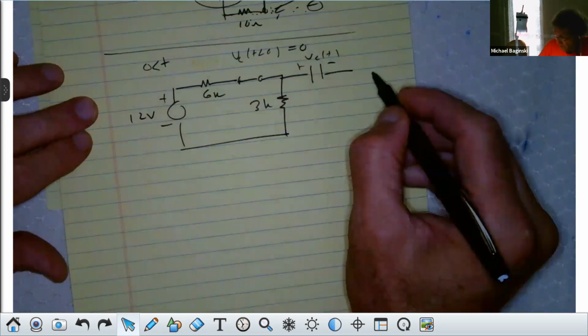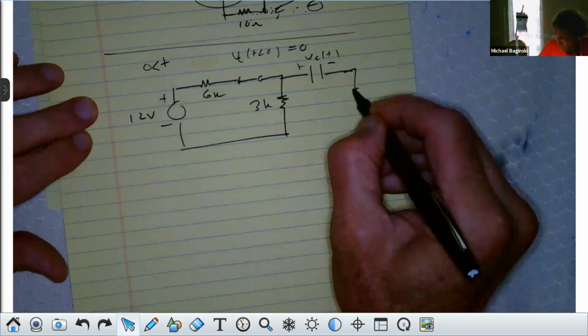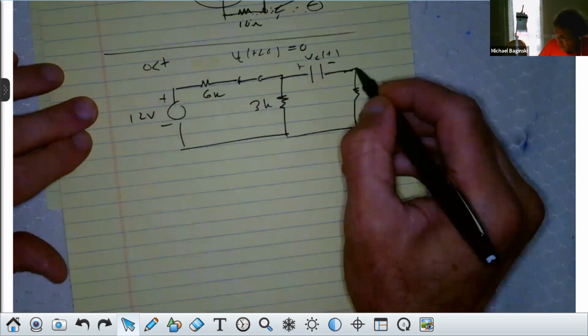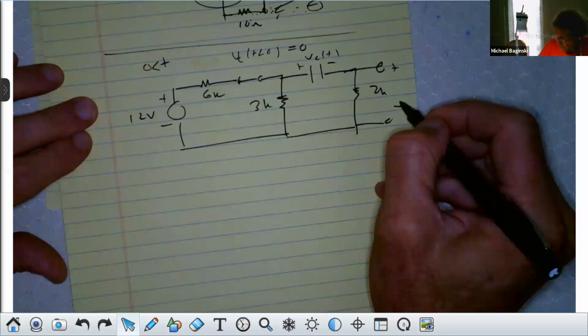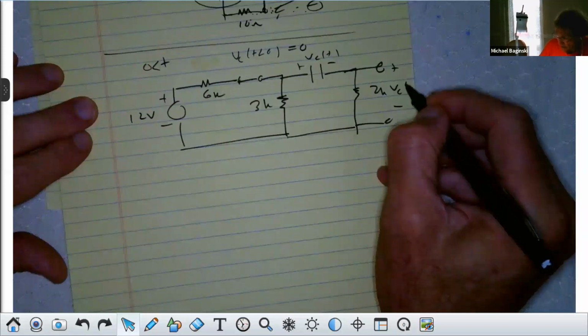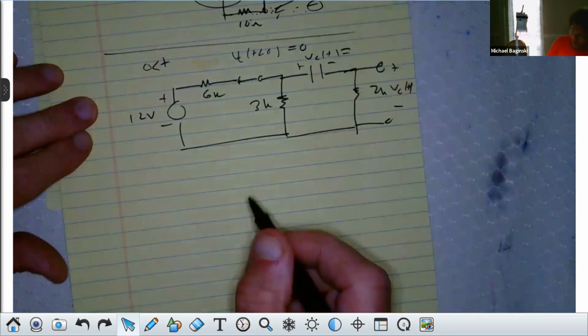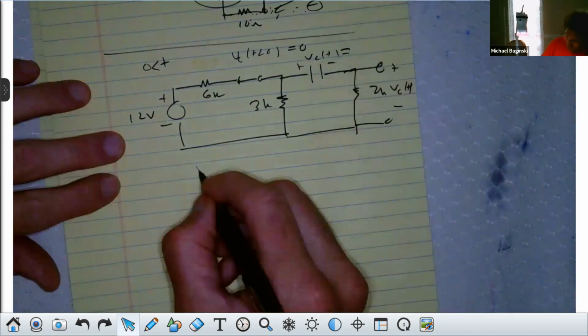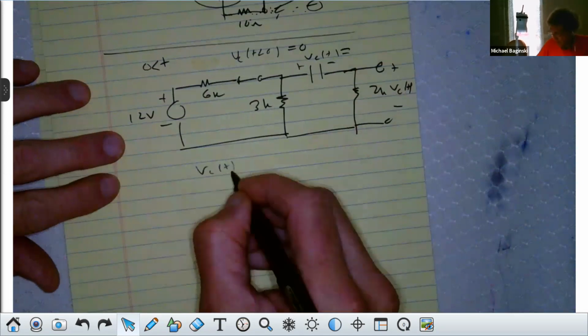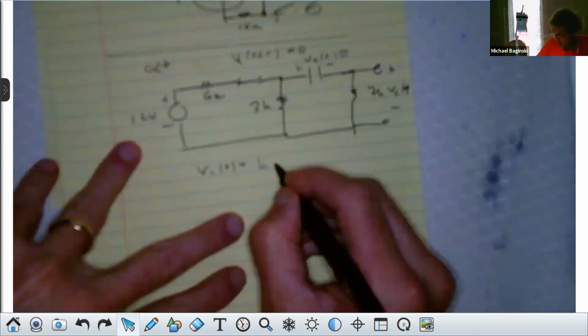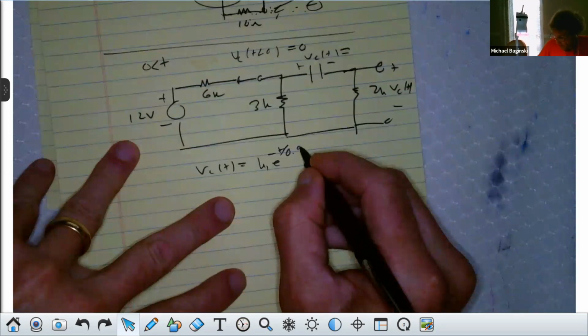And then I have 2K. And I want this voltage, right? Correct? Yes. Now I know this voltage, or at least I should know that voltage, right? That voltage is what? VC of t is equal to K1 e to the minus t over 0.8, plus K2.